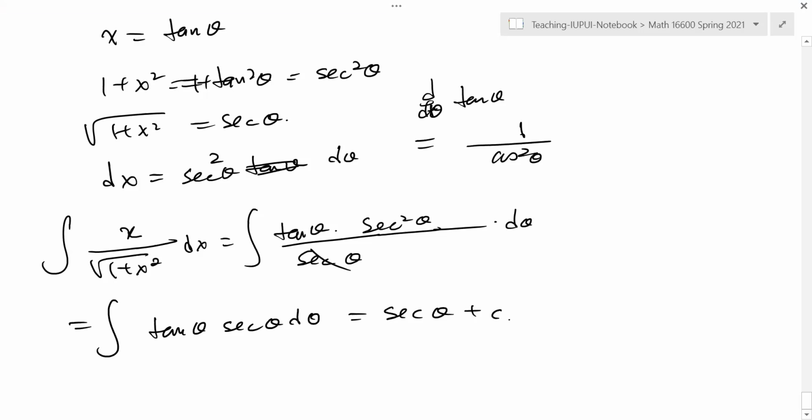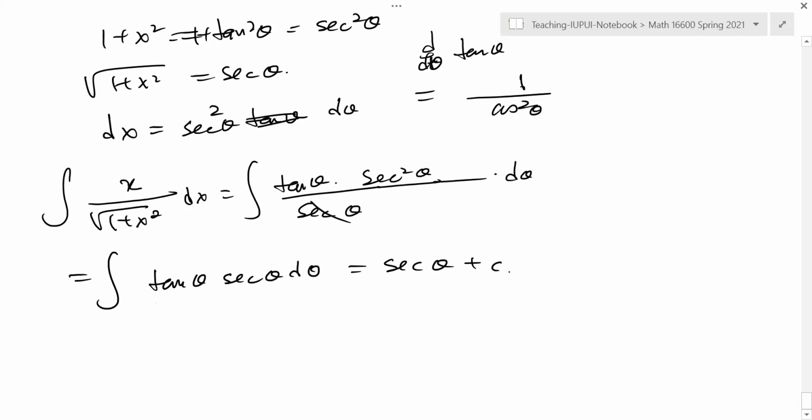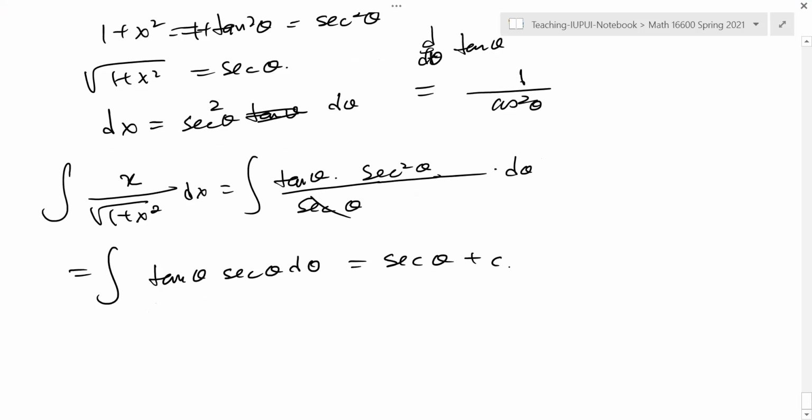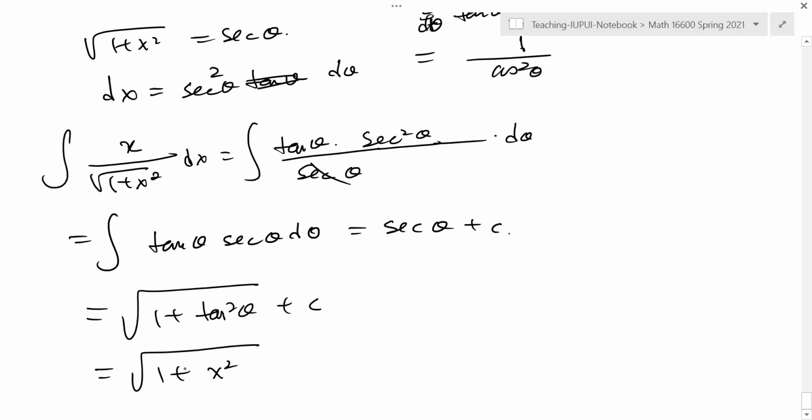Then secant theta is related to tangent theta. This is going to be the square root of 1 plus tangent square theta, and that is the square root of 1 plus x squared. And you end up with the same result, but you see, you go through so many different steps. Okay. You're right.